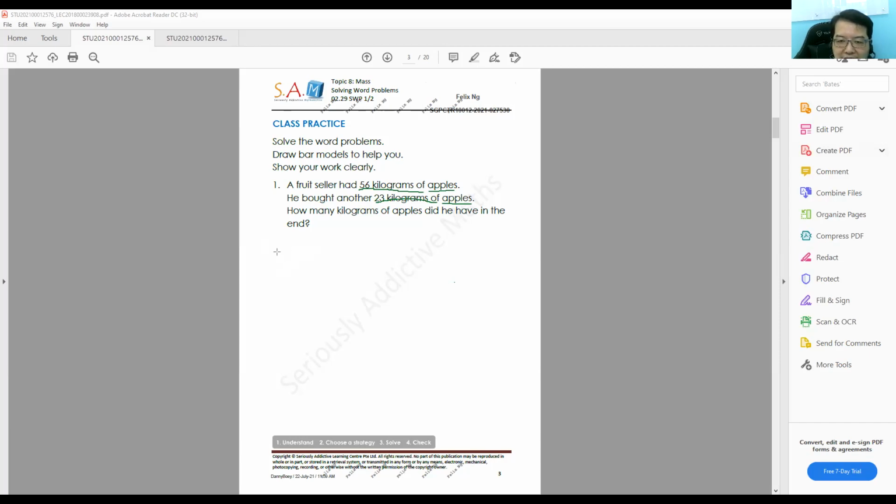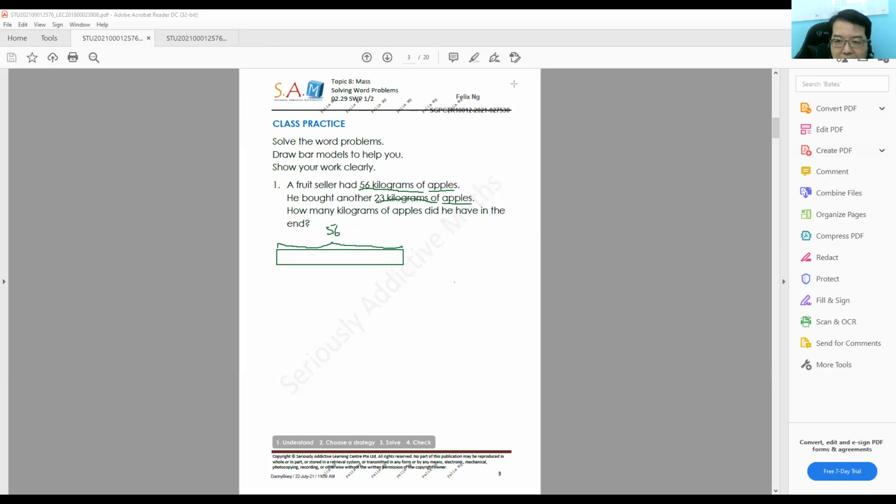A fruit seller had 56 kilograms of apples. So I'm going to draw it like that, 56 kilograms. And I need to label it. Please do things step by step. So this is 56. Then he bought another 23 kilograms.